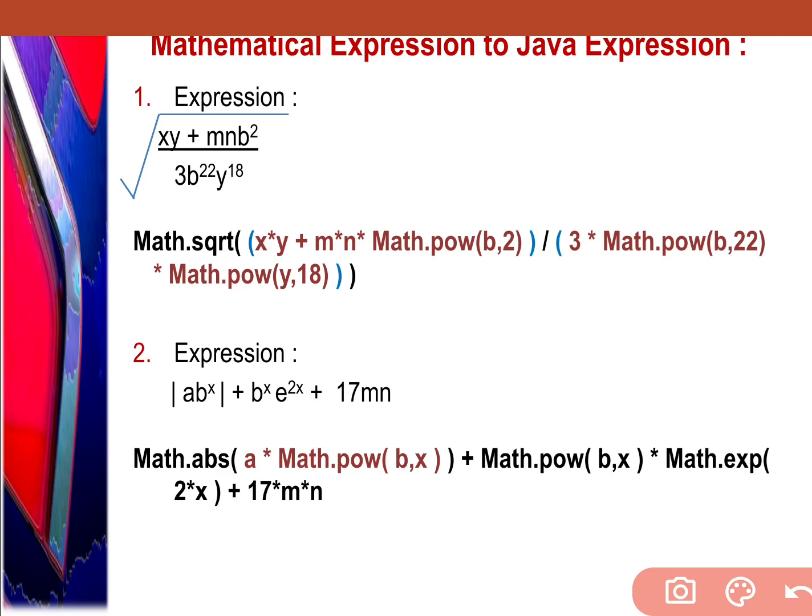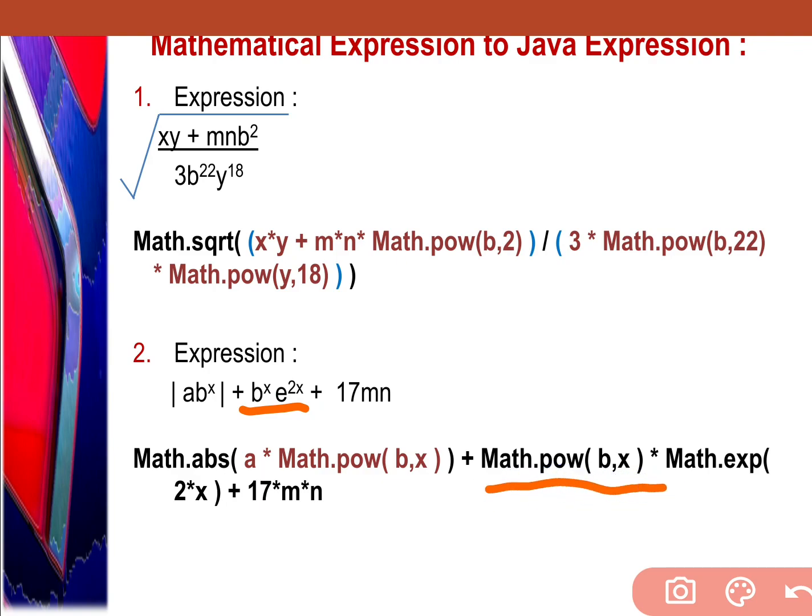See the next one, sign of absolute. Inside absolute we had written a b to the power x, means a into b to the power x. See, a into b to the power x inside abs, and then plus b to the power x into e to the power 2x.